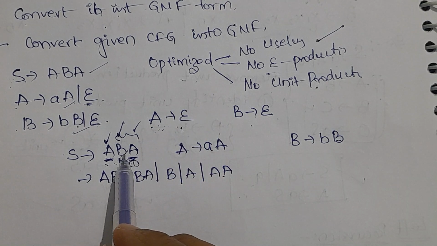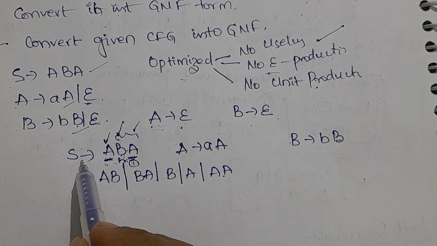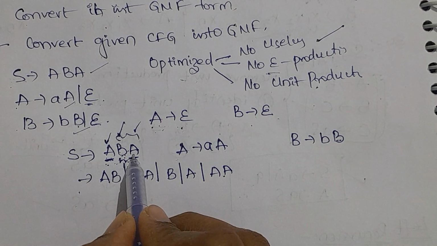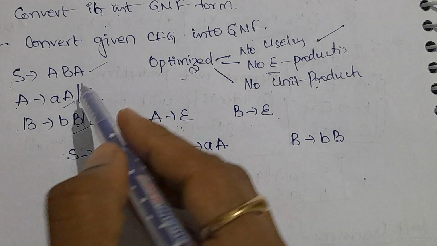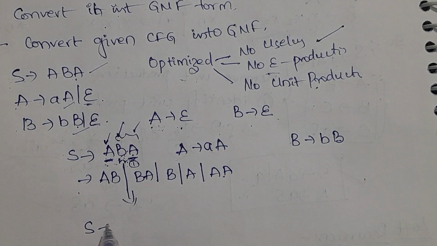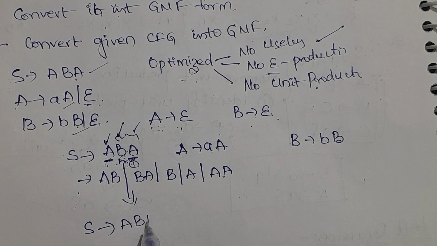If I replace both, I will get epsilon again, which is not acceptable in this case, right? Now, after elimination of epsilon, only in this production I will get S as ABA, which will be as it is.